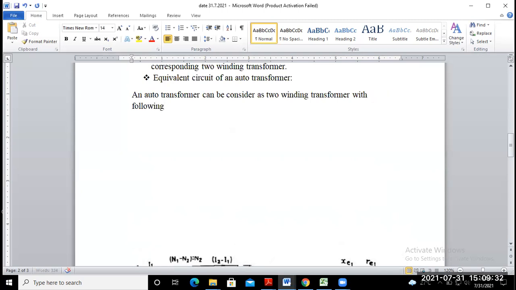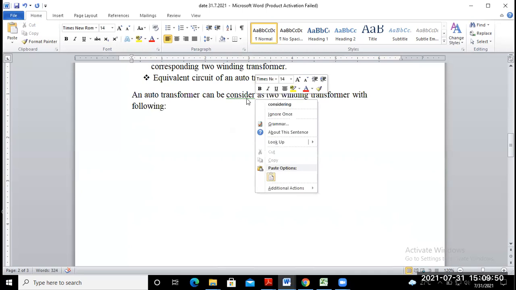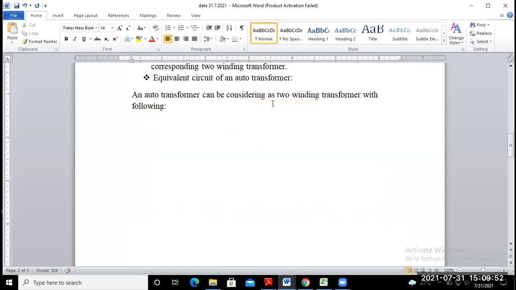Okay. So primary winding AB has a number of turns equal to N1 minus N2.